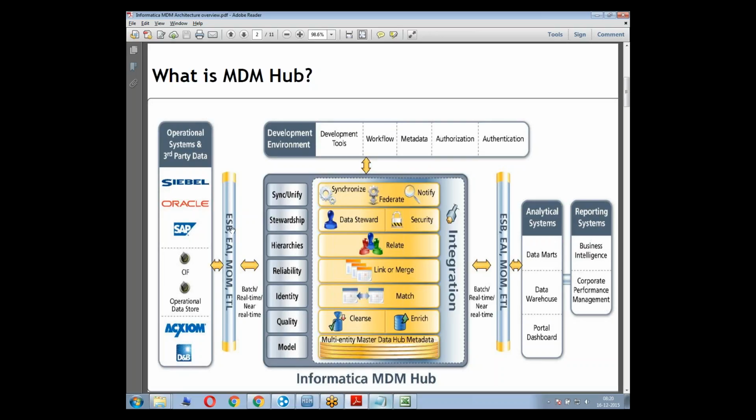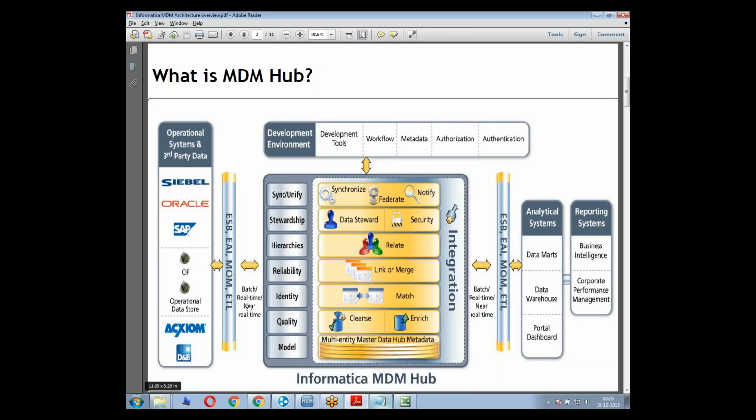Okay, so ESB means enterprise service bus, EAI is enterprise application integration, MOM is message oriented middleware. All these three things are just methods, or you can say algorithms, that enable real-time integration. That's the logic. And ETL is something that enables batch mode.